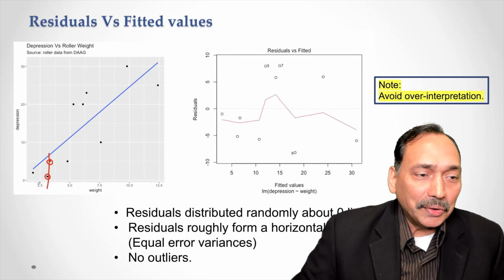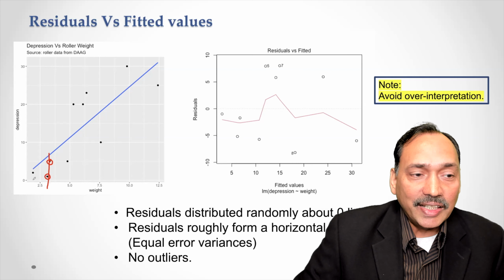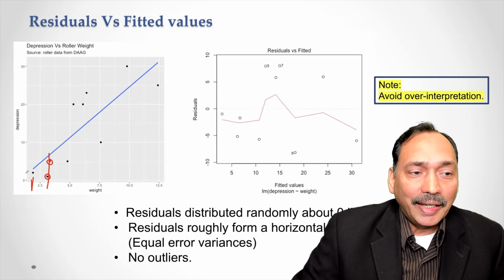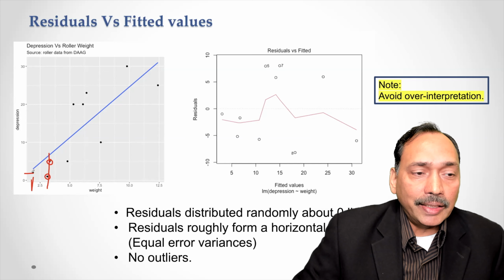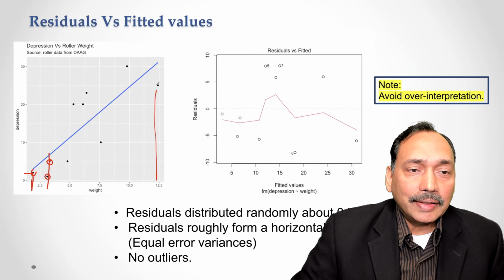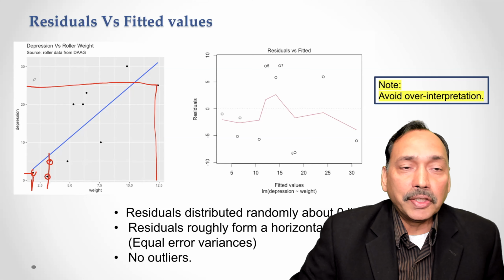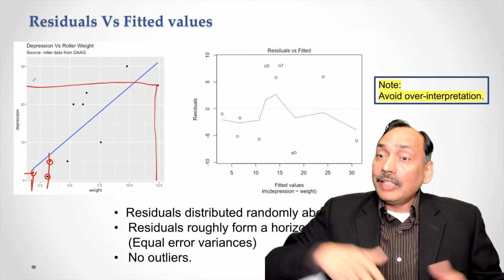Okay, if this is the weight and this is the depression, at this weight we get this depression, and at this weight we are getting this depression. Somebody says, why this variability?